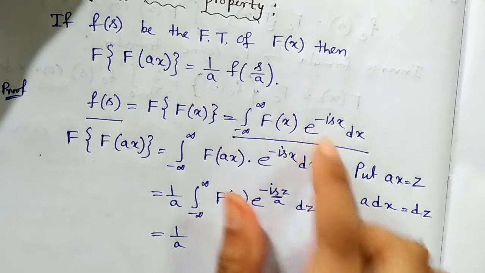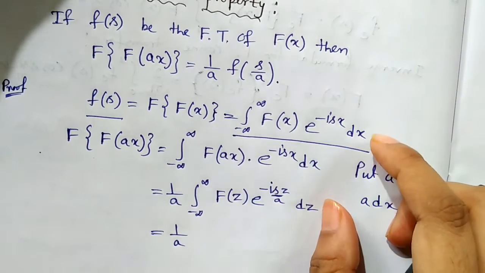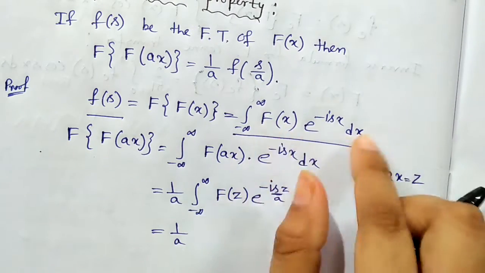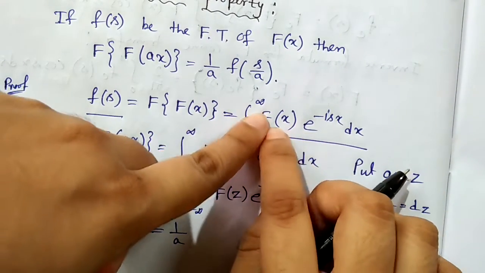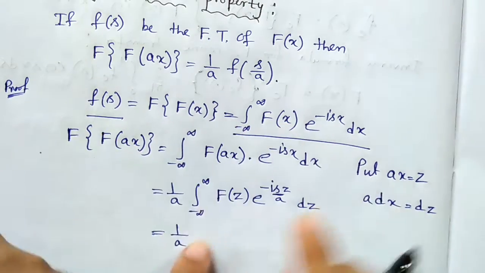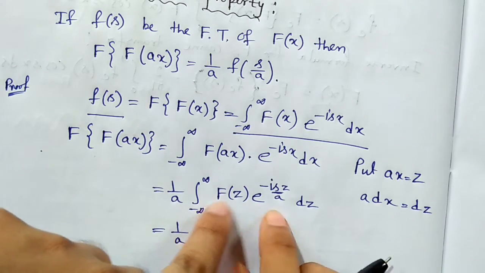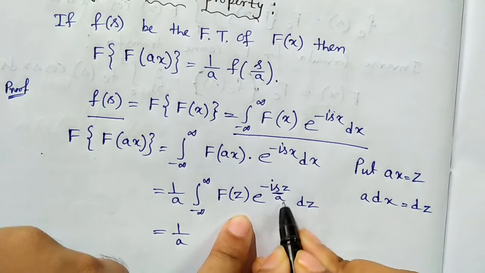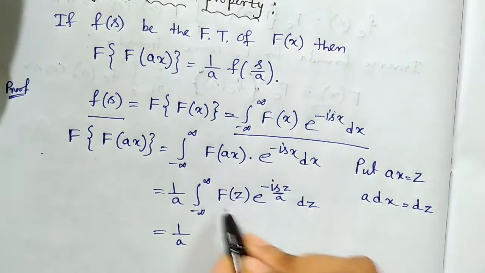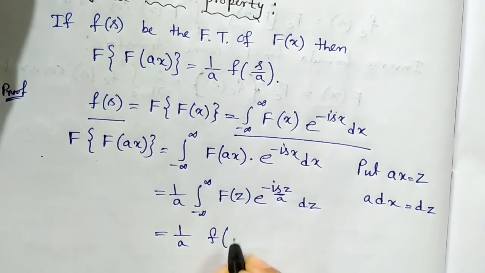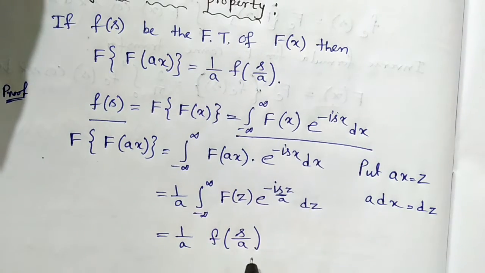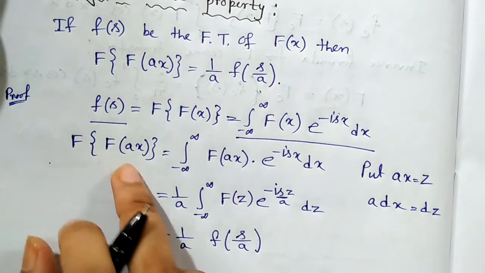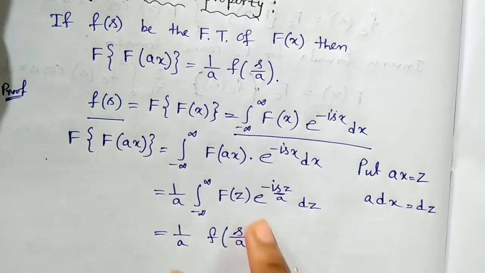The main difference is that the variable here is x and here it is z, but the main difference is that here it is s and here it is s by a. So this total term is equal to F(s by a). So we get our result: the Fourier transform of F(ax) equals 1 by a F(s by a).